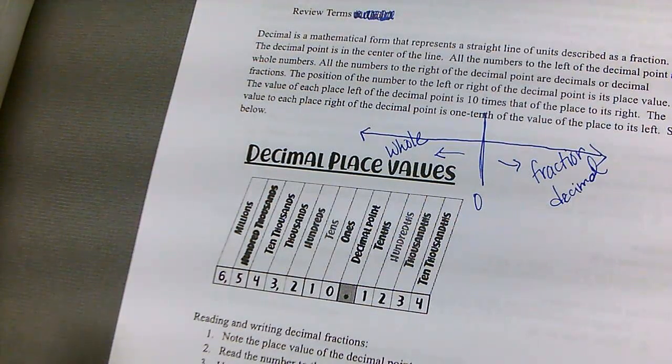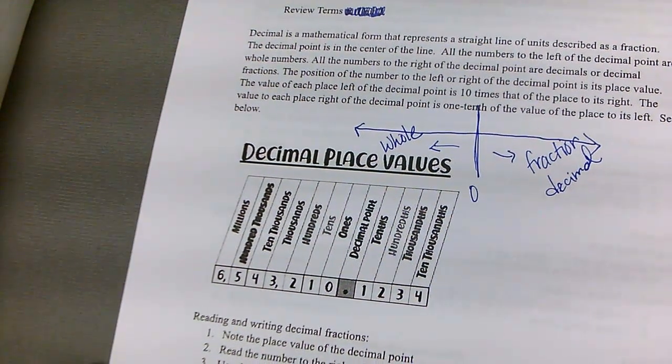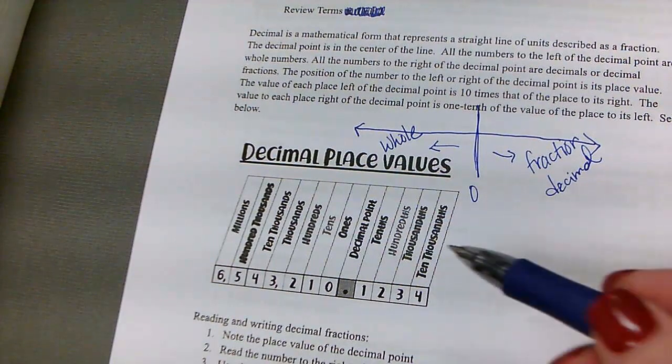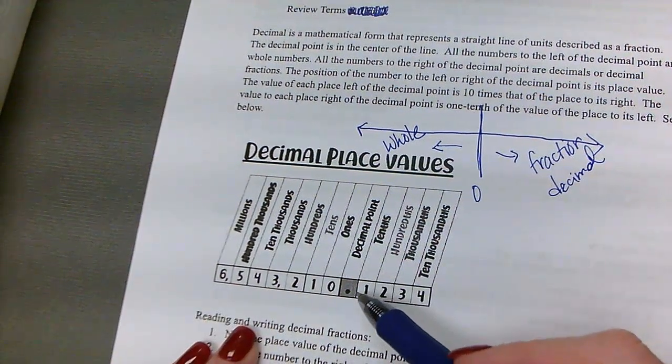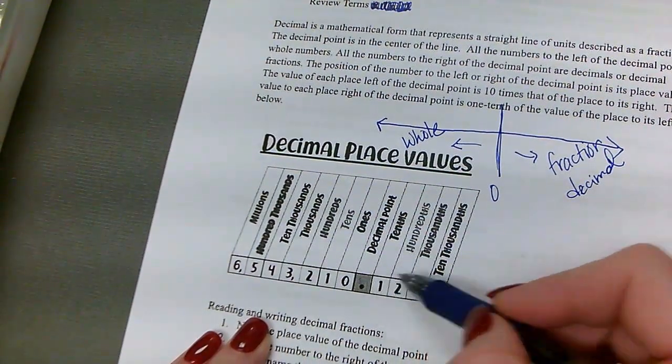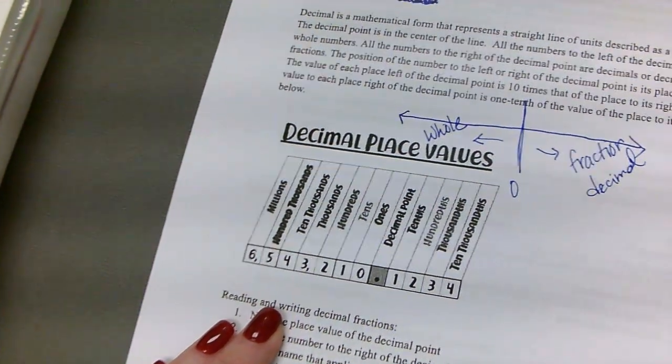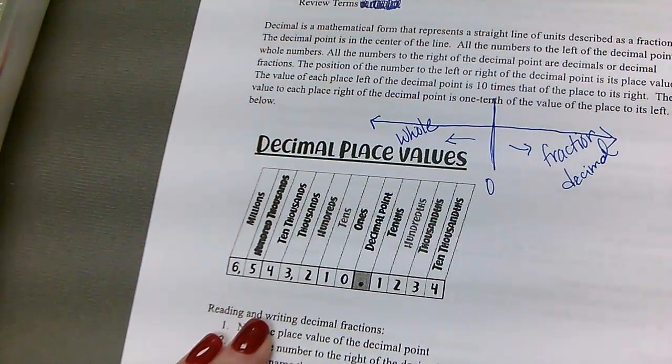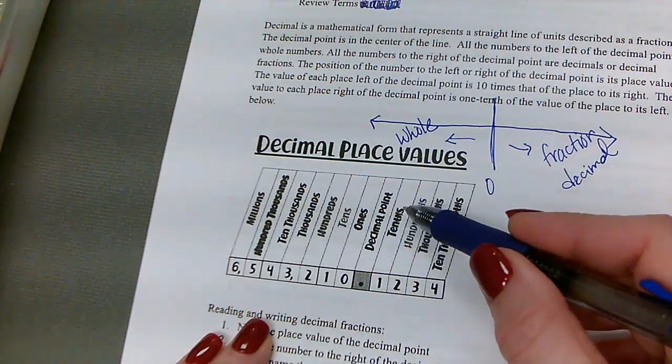And the other thing we got to remember in our decimals is the place value. I put this on here because I think it's helpful. If you're going to the left, you're going smaller, and every time you move a number down, you are changing your place value.